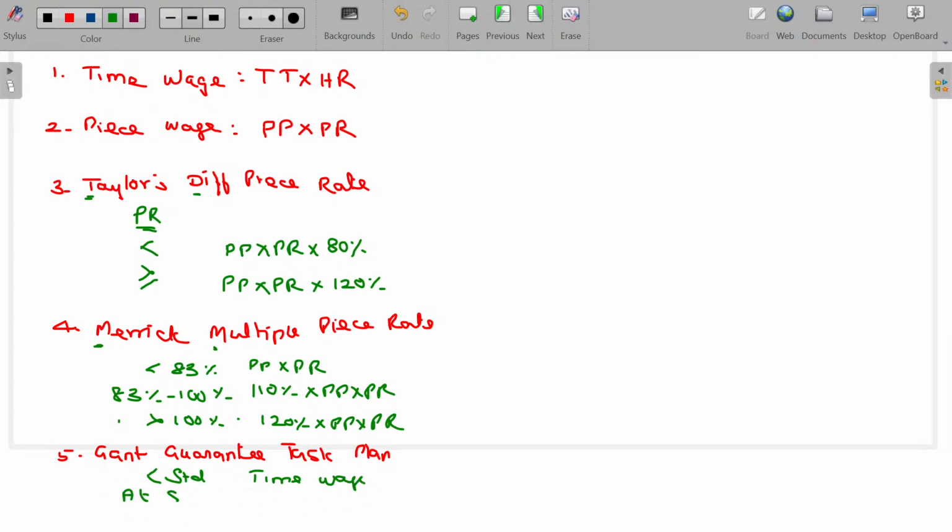At standard, it may be 120% of time wage or 120% of piece wage. You will get the same answer in both cases.